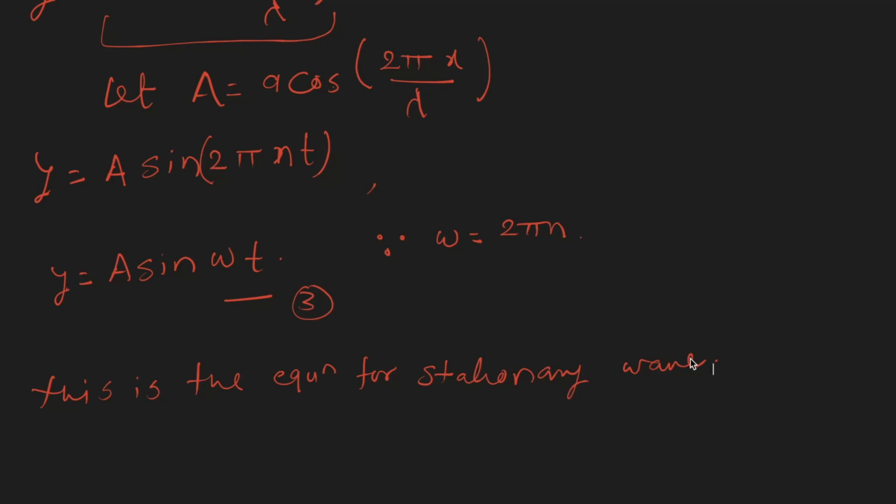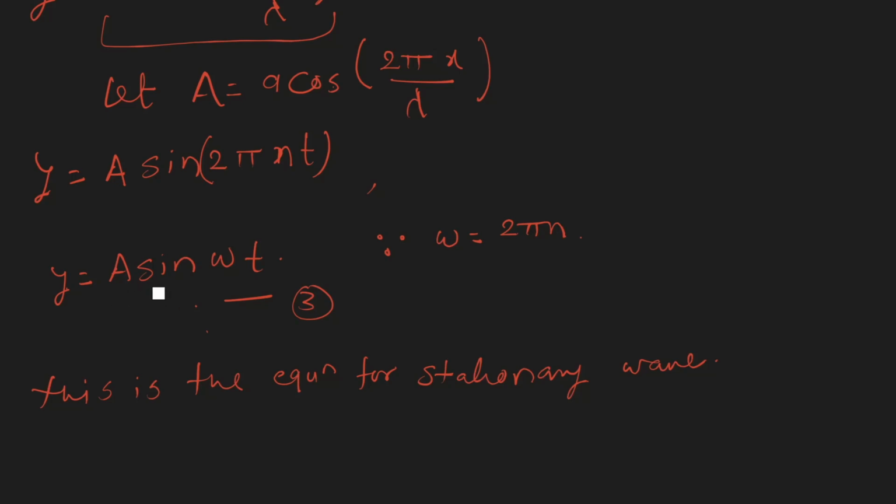Equation of stationary wave. In that equation, there is no term x and lambda. You can observe, in this equation there is no x and no lambda. Therefore, as there is no x and lambda in this equation, this wave is independent of x and lambda.